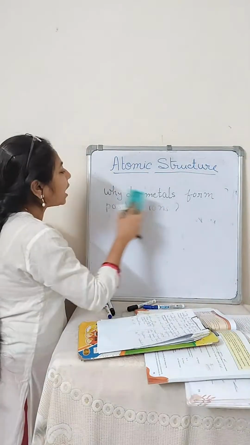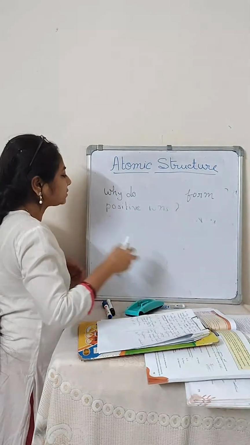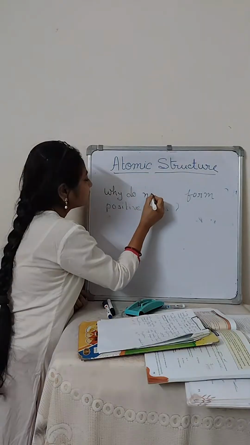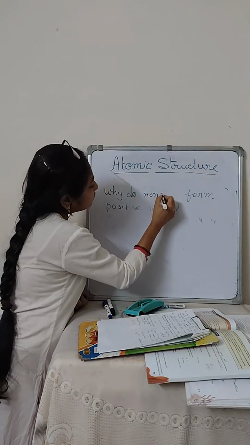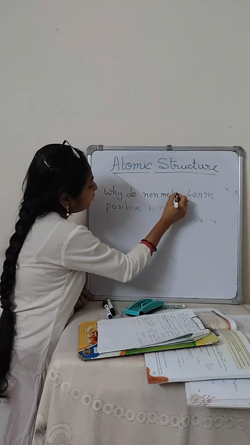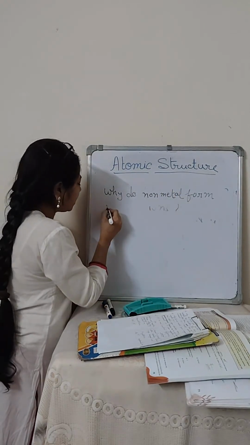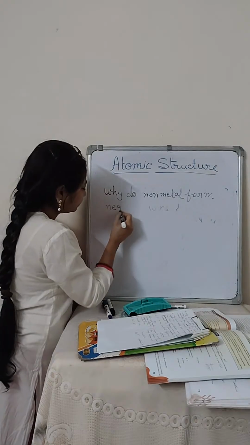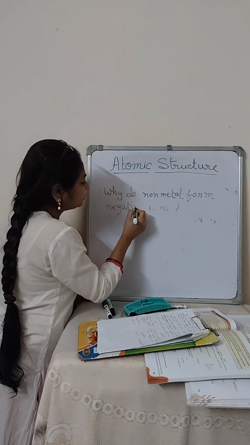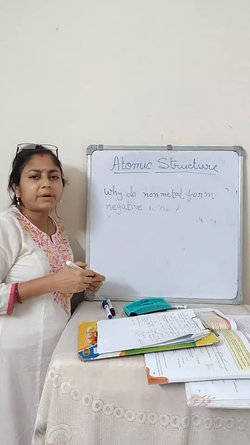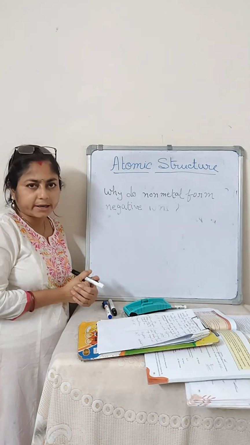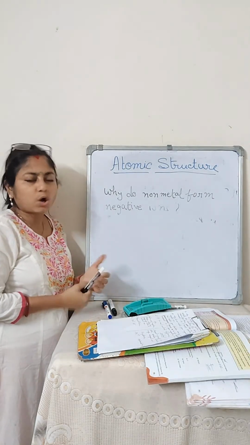Same thing, why do non-metals form negative ions? Non-metals means chlorine, fluorine, oxygen.